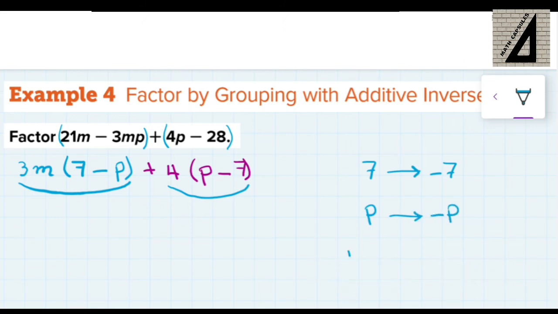So if you have p minus 7, which is in the second term here, what will be its additive inverse? I'm going to put here negative p plus 7, which is 7 minus p. How do we change it?